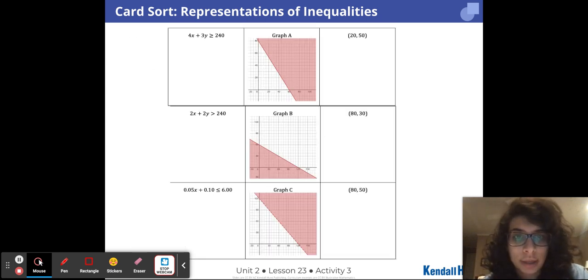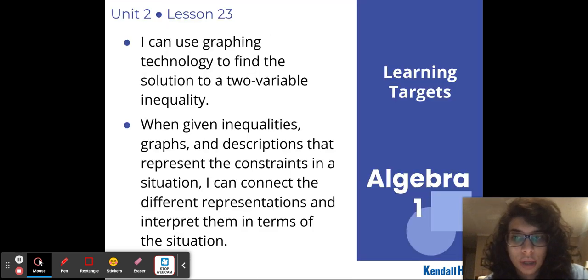Overall, you can use technology to find the solution to a variable as an inequality. When given the inequalities, graphs, and descriptions that represent the constraints in a situation, I can connect the different representations and interpret them in terms of the situation. In this lesson, we're not doing anything entirely new.